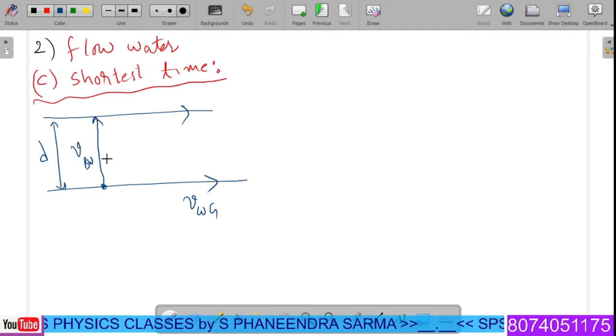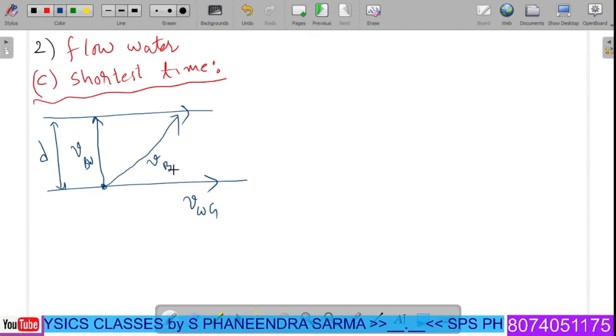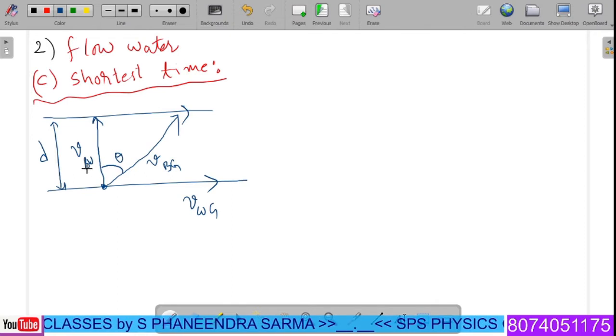The resultant of these two is called velocity of boat relative to ground. At this condition, velocity of boat relative to ground makes an angle of theta with respect to velocity of boat with respect to water. It's called the still water component.